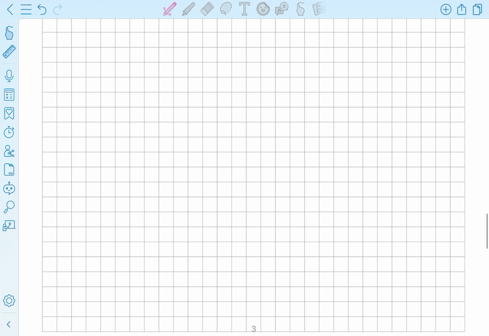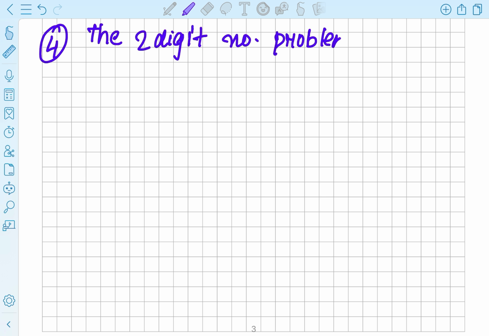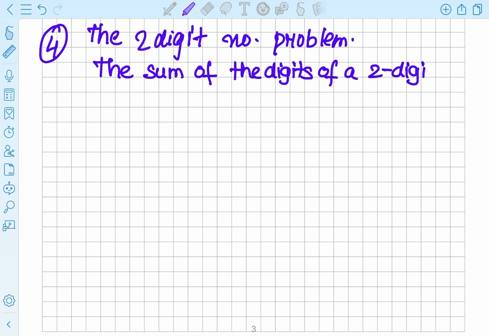Okay, another number problem let's take a look at, which is a very popular one, and we have to know this. That is the two-digit number problem. Now let's take a look at the question. The sum of the digits of a two-digit number is 8.